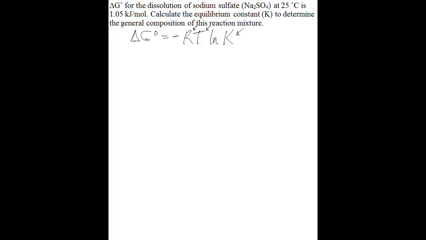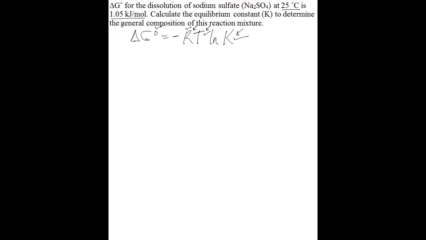And delta G naught is the free energy of reaction under standard conditions. So you're given the delta G naught value, you know your temperature is 25 degrees Celsius, and you know the ideal gas constant. So what you really want to do here is solve for K.